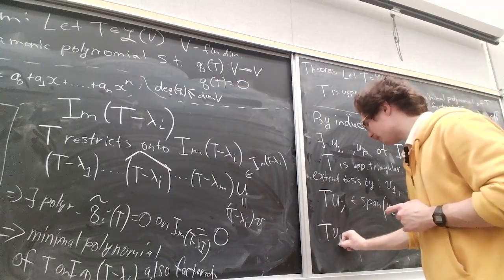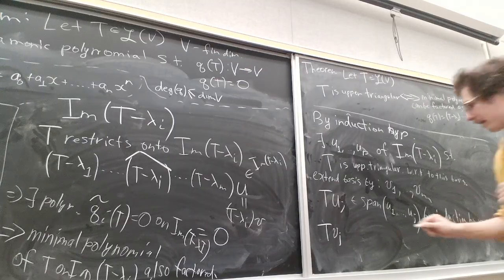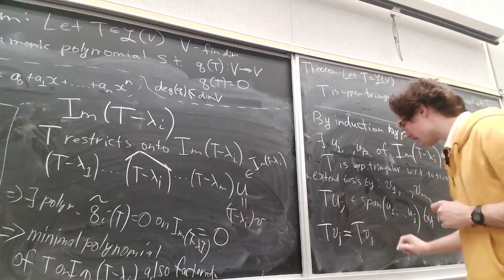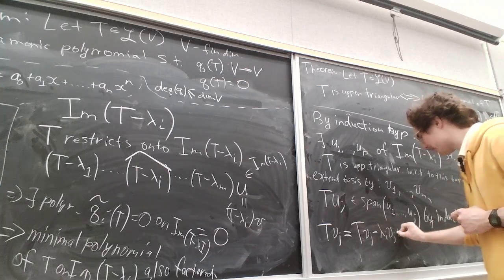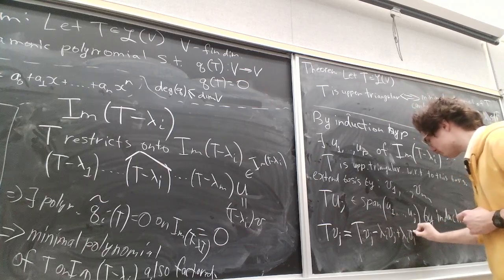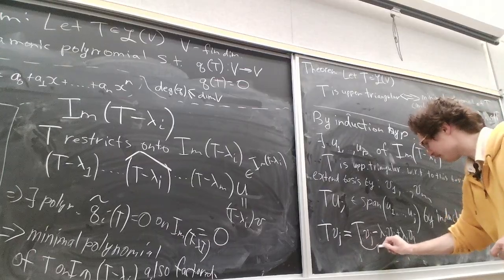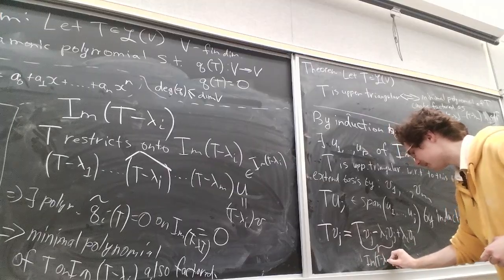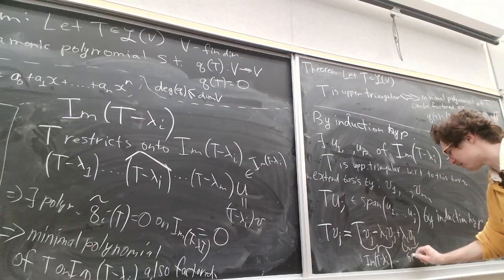And now let's check that the same is true for T of VJ. The clever trick that they do is rewrite it as T of VJ minus lambda I VJ plus lambda I VJ. Do you agree? This part is in the image of T minus lambda I, and this part is just in the span of VJ.